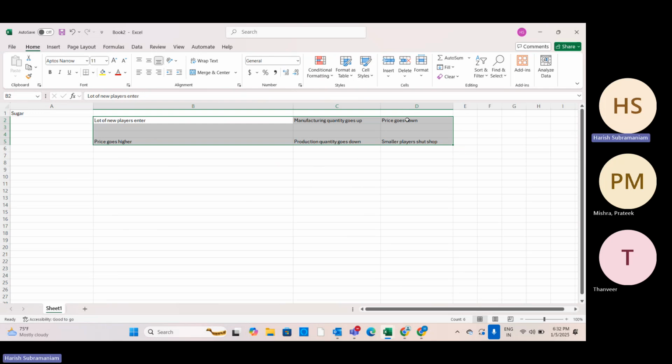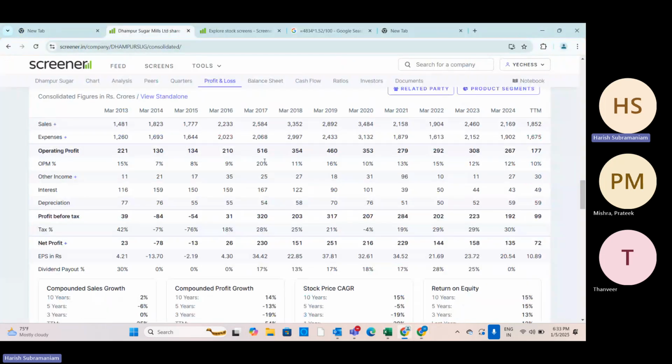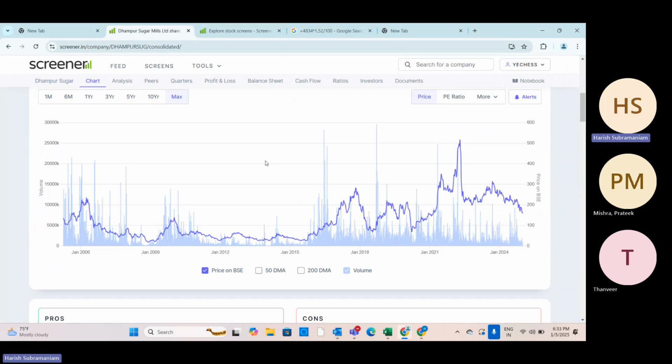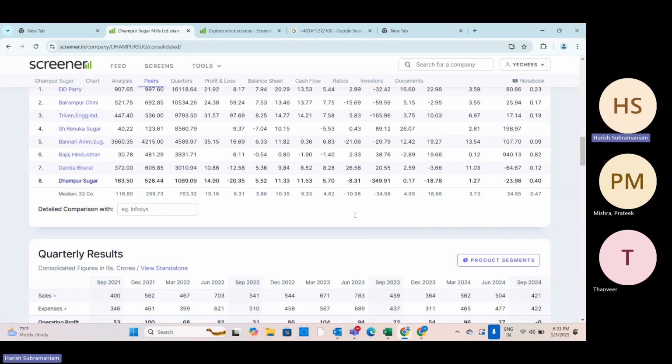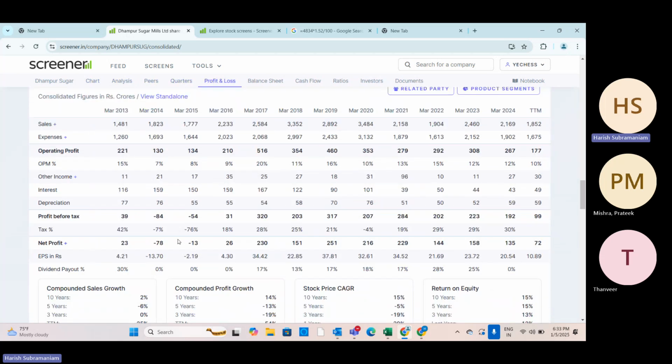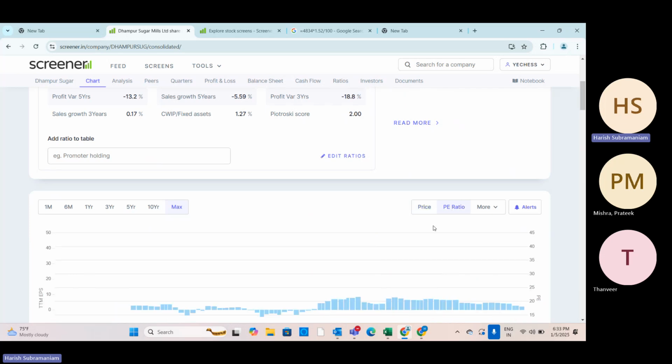And whenever these businesses are cyclical, let's say we buy a business, we say, oh, this sugar company's share price has gone up, very good. The sugar company's profitability has also increased enormously. So the financials over the last 3 years look good.